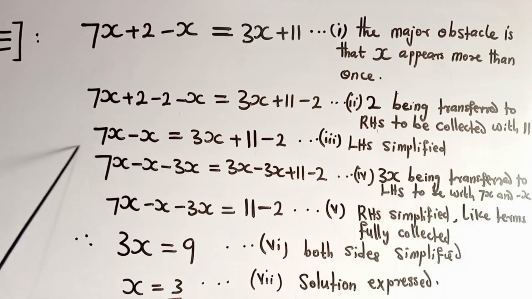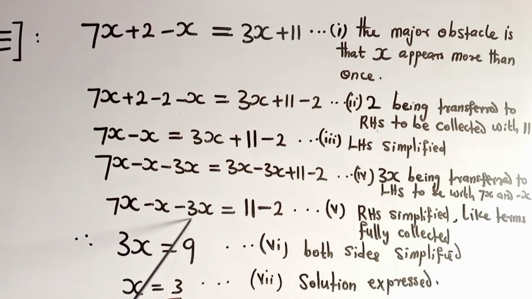Now, this left-hand side is now 7x minus x minus 3x, while the right-hand side now reads 11 minus 2. Students, I hope you now know why there is no more x in the right-hand side. Surely, 3x minus 3x is 0. 0 plus 11 minus 2 is the same thing as 11 minus 2. Therefore, 7x minus x minus 3x.